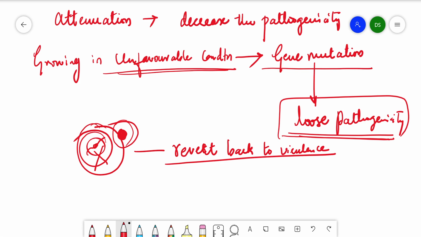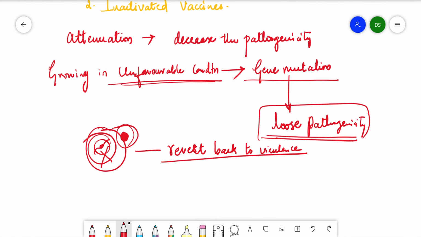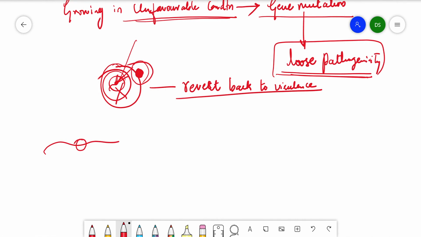But nowadays there has been an improvement in technology where we can stop that mutation from reverting back to virulence. Suppose this is a gene for pathogenicity, and it has lost its virulence now.